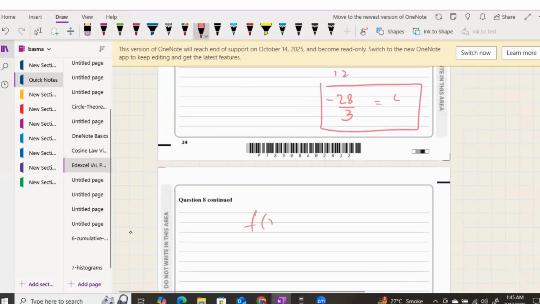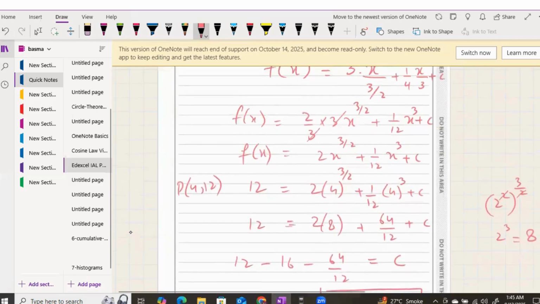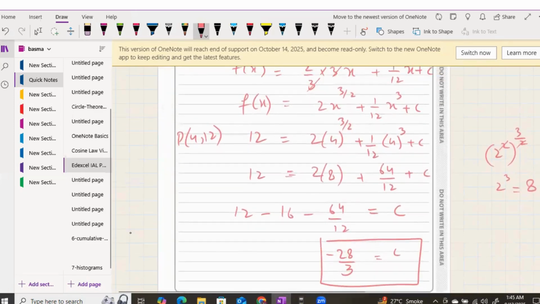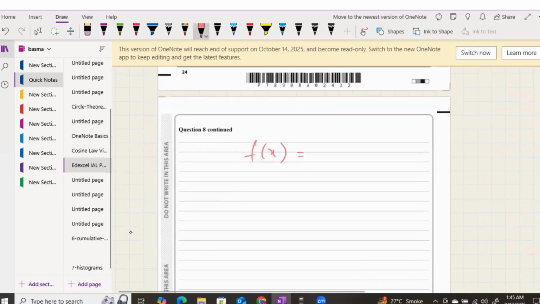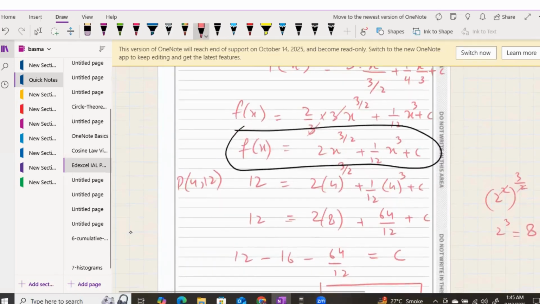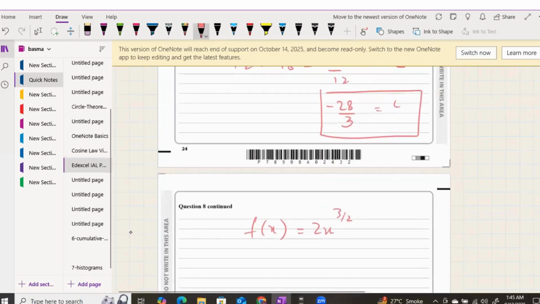Your f of x will then become, you just substitute the c value in your f of x. Here is your f of x, that is 2x to the power of 3/2 plus 1/12 of x cubed plus c, which is minus 28 over 3, and here is your required curve.